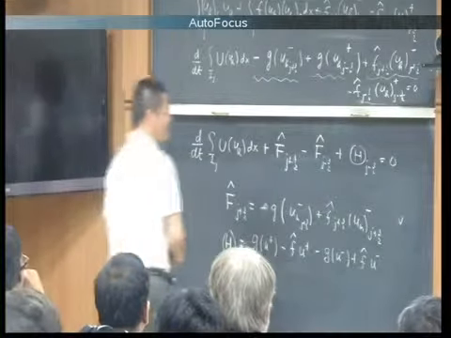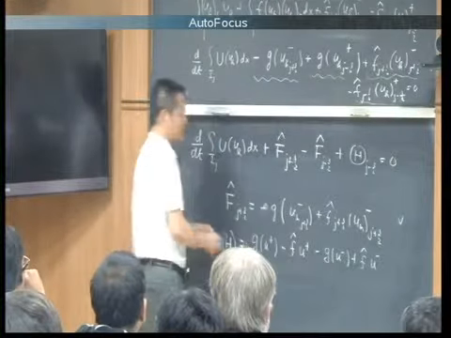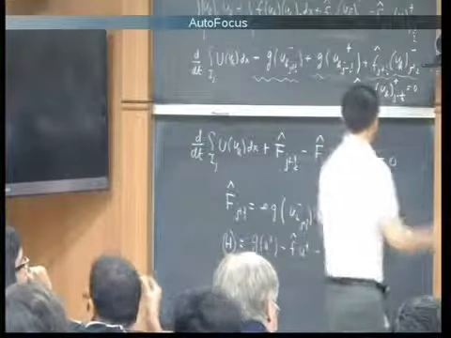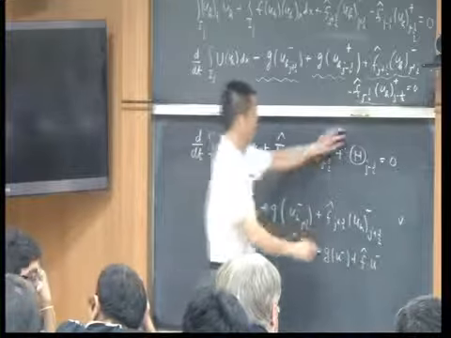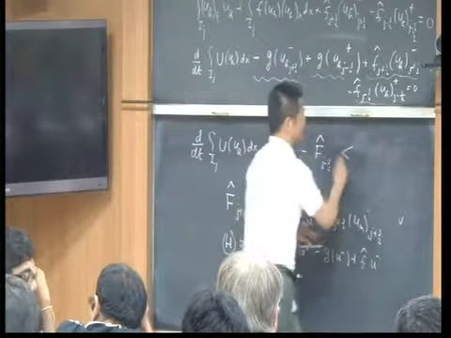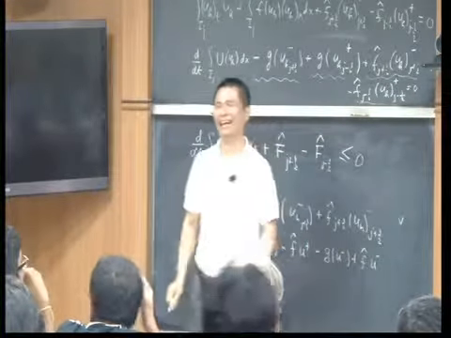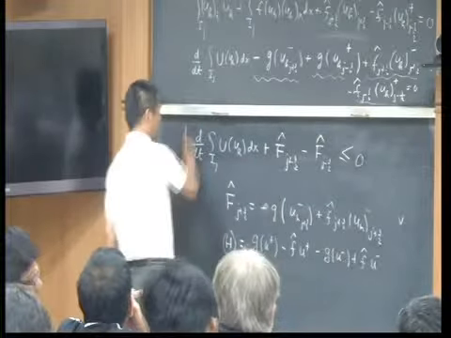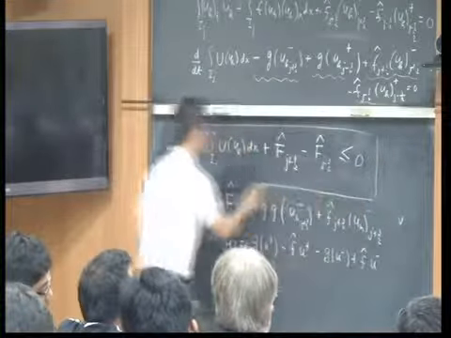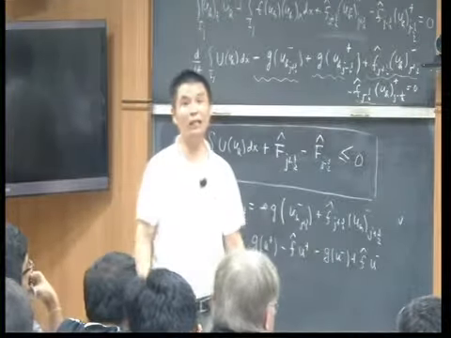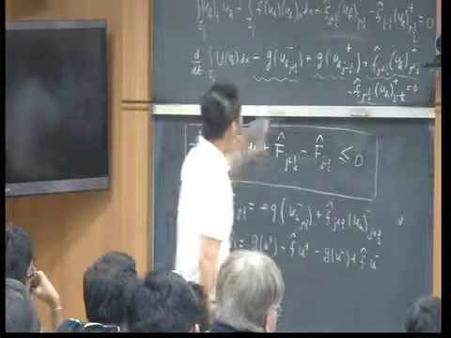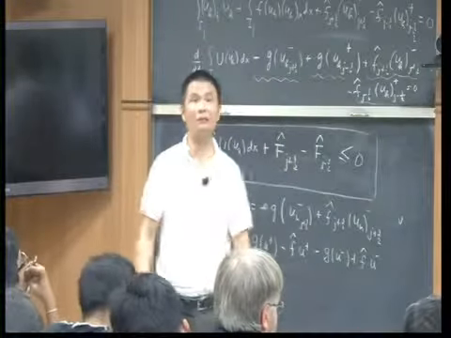Okay. So this proves the cell entropy inequality. So we have now proved this fact, which is the so-called cell entropy inequality, which directly mimics the entropy inequality upstairs.